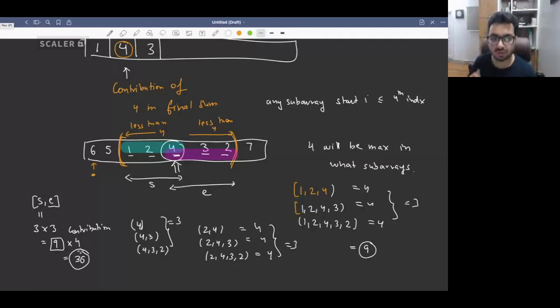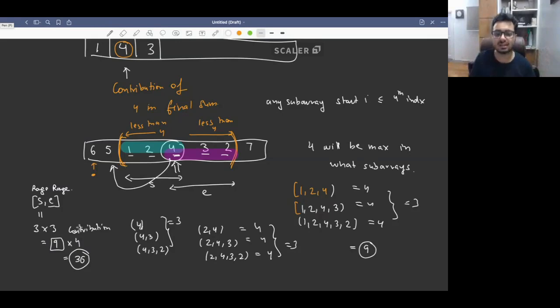If I do it for 4, can I do it for every element in the array? Yes or no? Of course, yes. But how do I do this? How do I find the start and end range? What I need to know for 4 is the element which is bigger than 4 and to the left of 4.